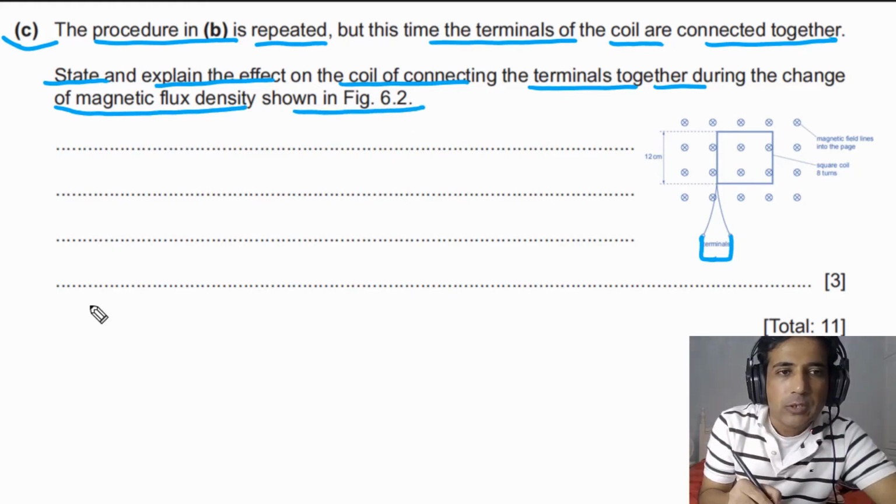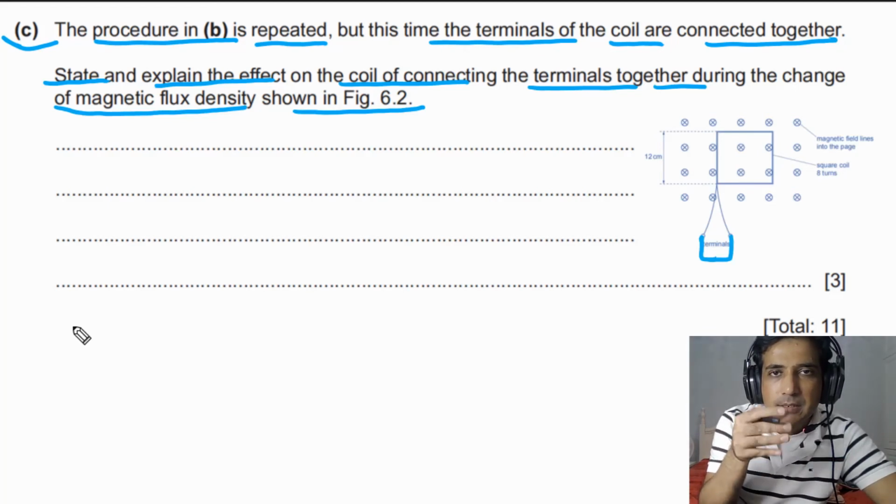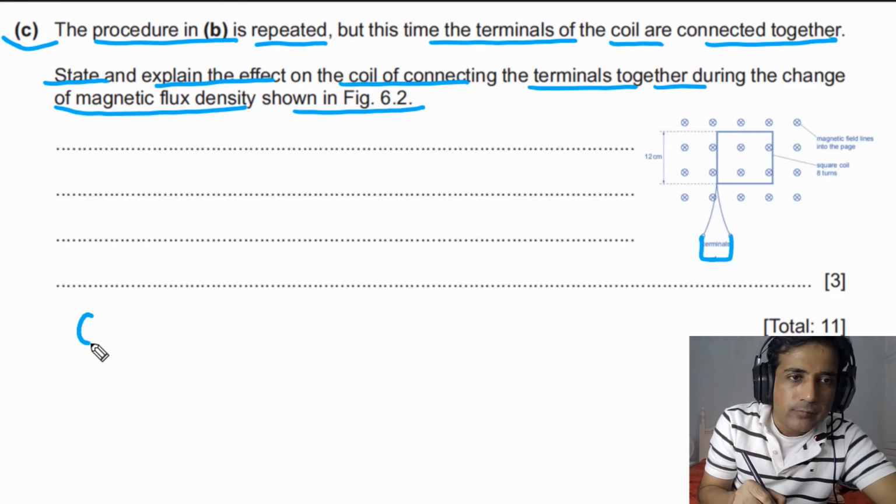First of all, let's try to understand what will happen if you place a conductor inside a changing magnetic field. Imagine that we have one ring, but this is not a complete ring.